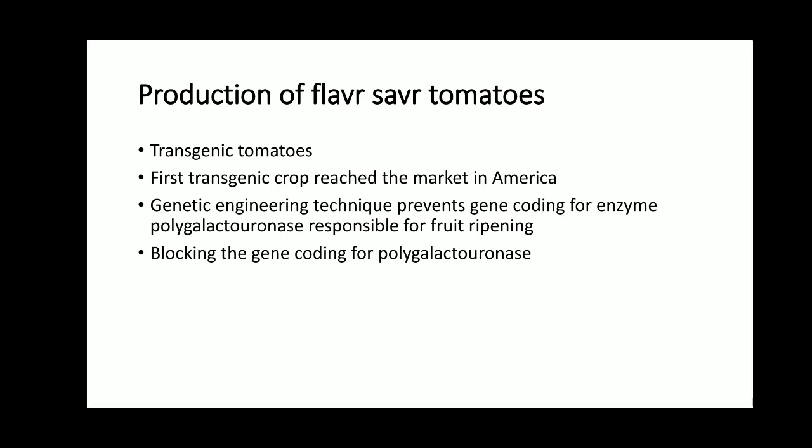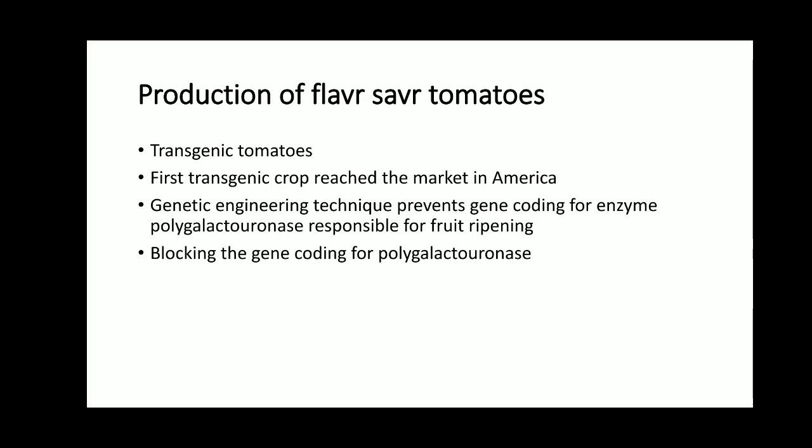There is an enzyme known as polygalacturonase, which cleaves the cell wall of the plant cell, right? Polygalacturonase cleaves the pectin content.